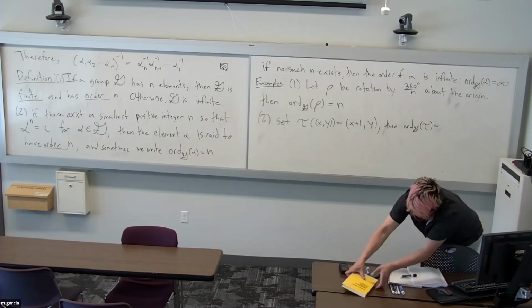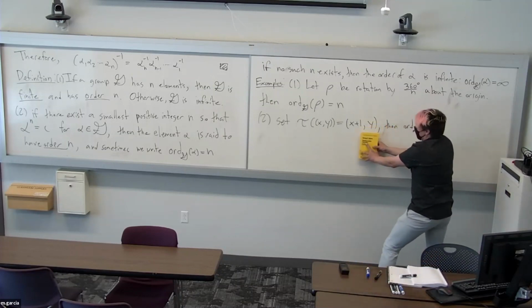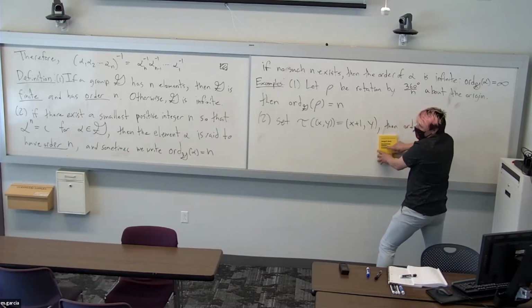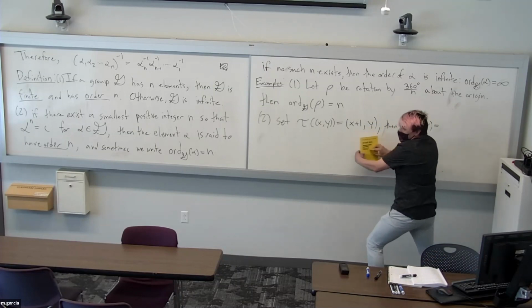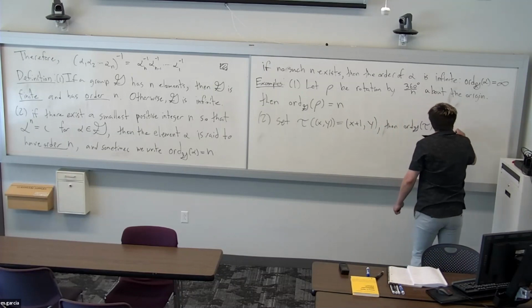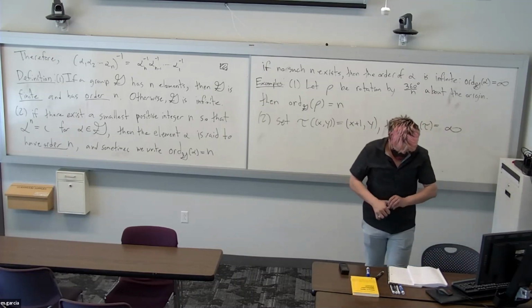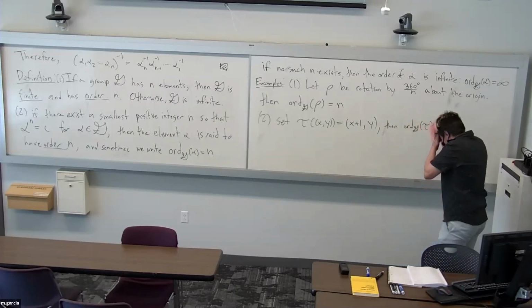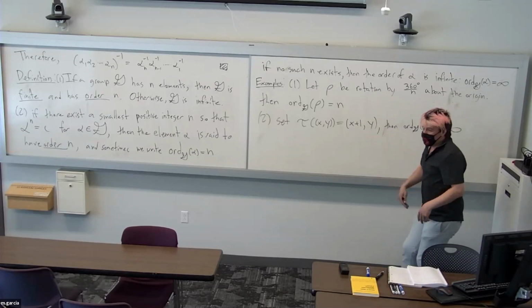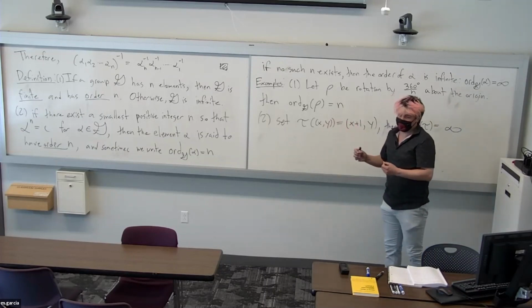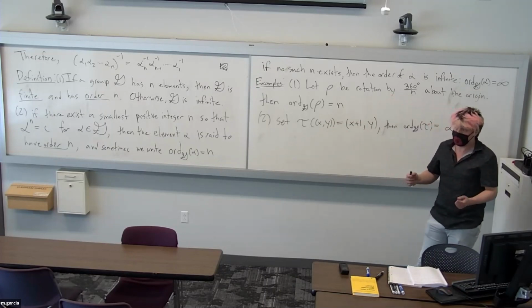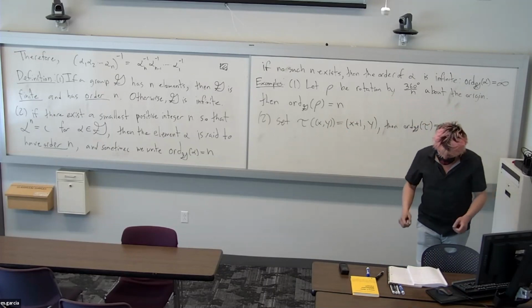Right? I apply tau, I move over 1. I apply tau, I move over 1. I can keep moving over 1, and I'll never get back to where I started. So it's nice when things have finite order, but even very simple things have infinite order. It's not that pathological of a behavior. Many transformations have infinite order.